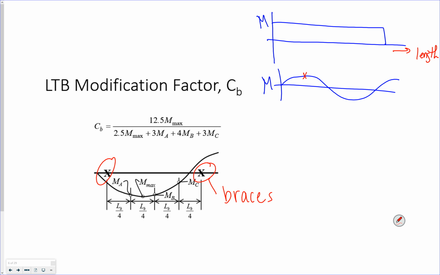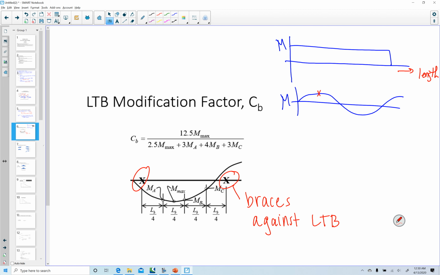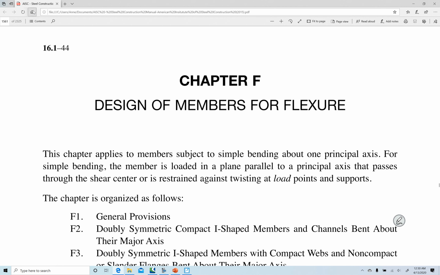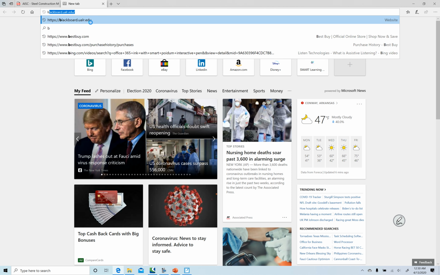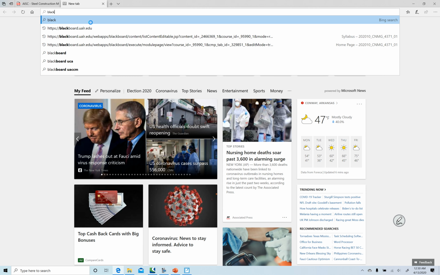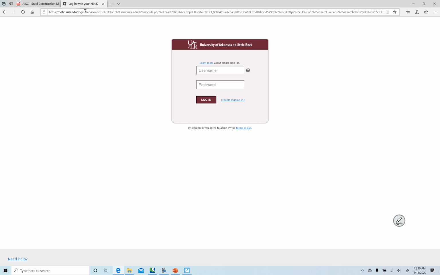Now these would be braces against lateral torsional buckling. I feel like we should look at what lateral torsional buckling looks like. Actually, let me see.